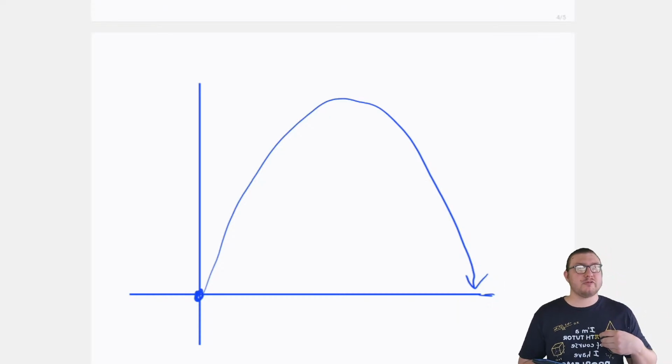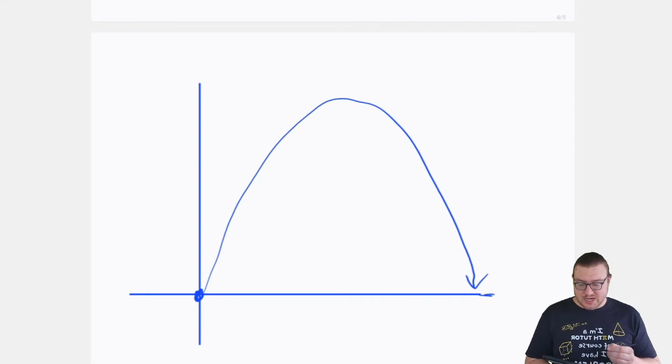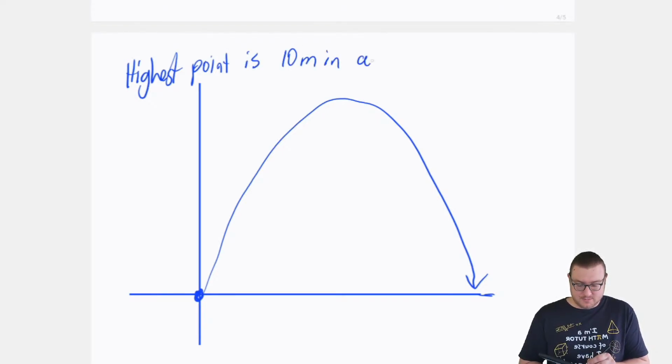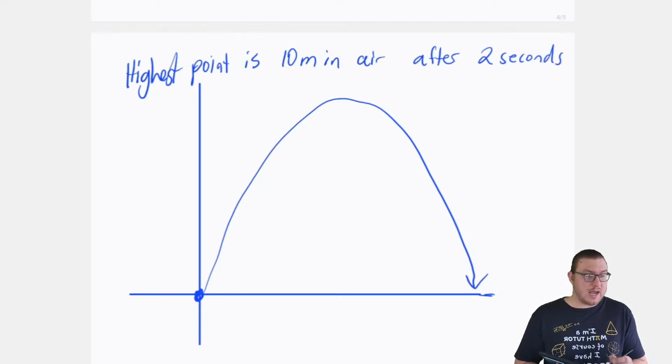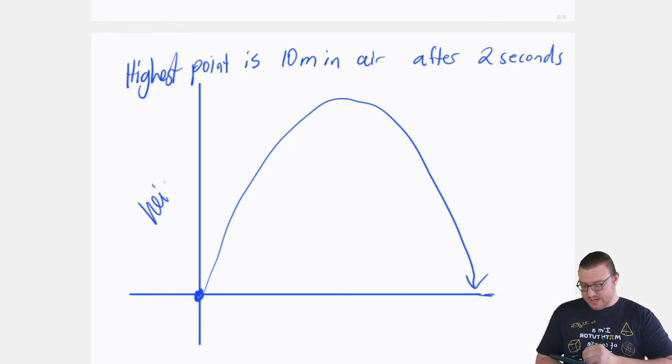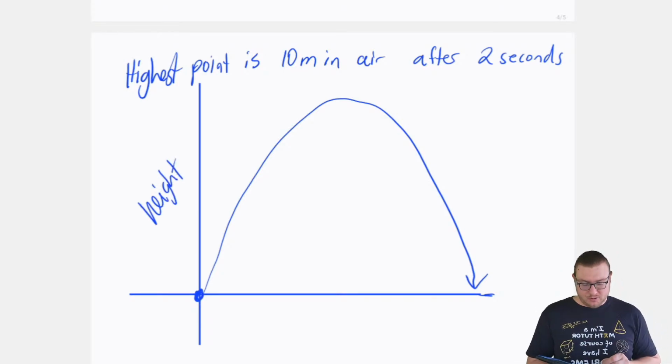And now for this example, I'm going to tell you the highest point is 10 meters in the air after 2 seconds. So here we're going to be looking at the height of the ball after a certain amount of seconds.